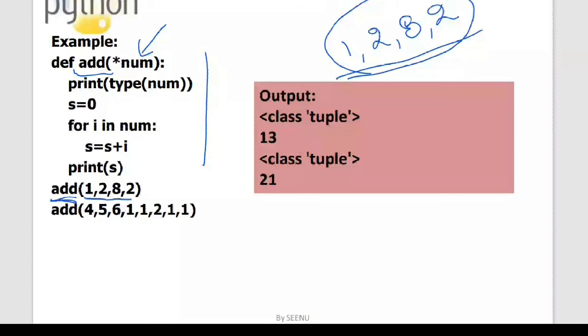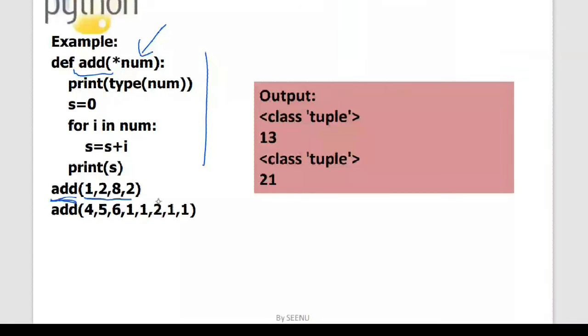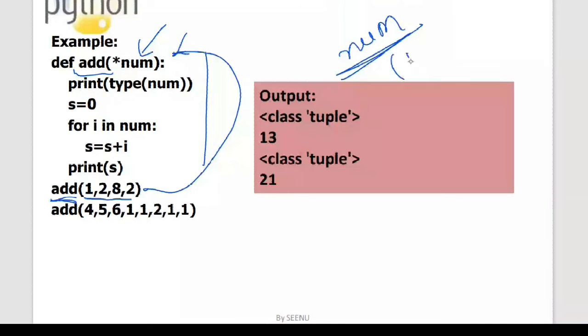But what is happening here is that the numbers that I'm passing as arguments are gathered into this particular variable, which is num. This num takes these elements, gathers all of them, and creates a tuple of them.